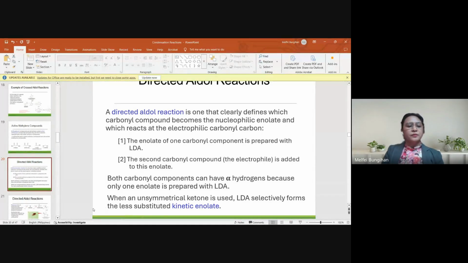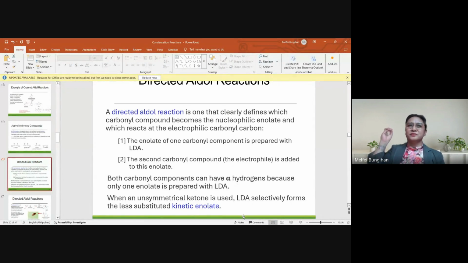Now, when an unsymmetric ketone is used, LDA selectively forms the less substituted kinetic enolate. And this is how we direct in synthesis, just like what Dr. Noor is doing in her lab, of course.